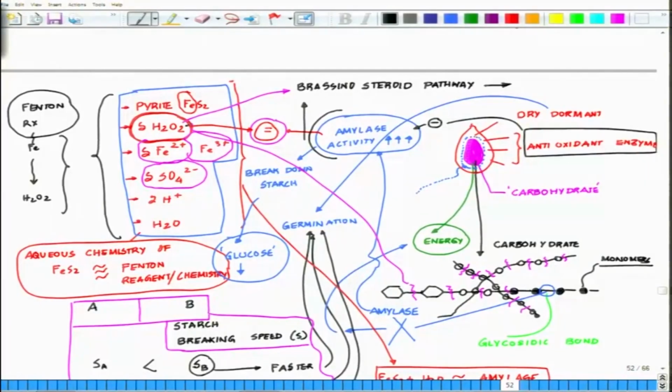And lastly, H2O2 itself is a signaling metabolite for growth and development.